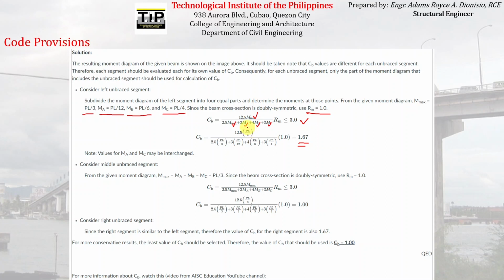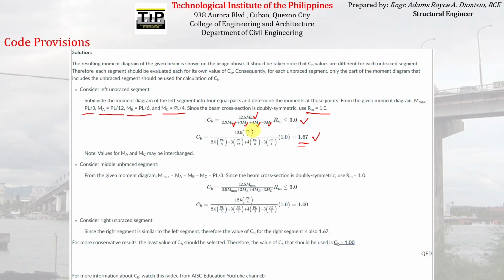Therefore, the magnitudes of MA and MC can be interchanged and will still result in an answer of 1.67, since their corresponding coefficients are equal. So there's no harm in mistakenly interchanging MA and MC.